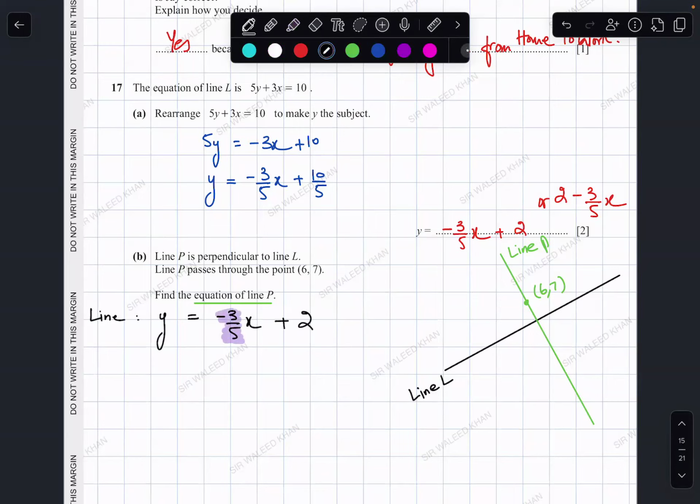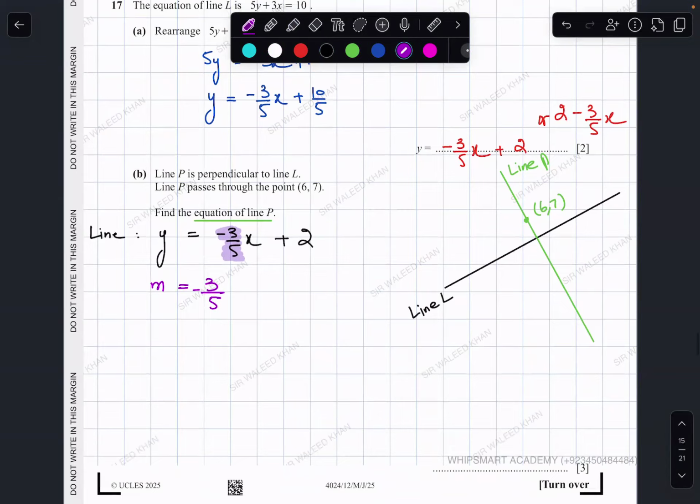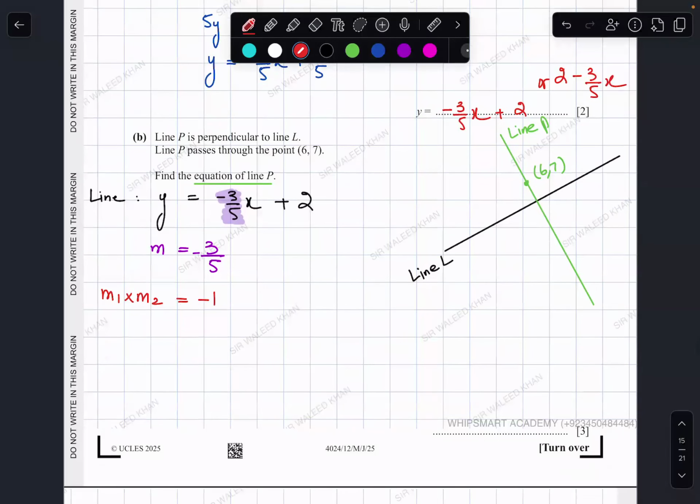So for line L, we have the gradient negative 3 by 5. What is the relation between perpendicular lines and the gradients? That when I multiply the gradients, it will always give us -1. So the gradient of this line over here, let's say M2, is the negative reciprocal of that.